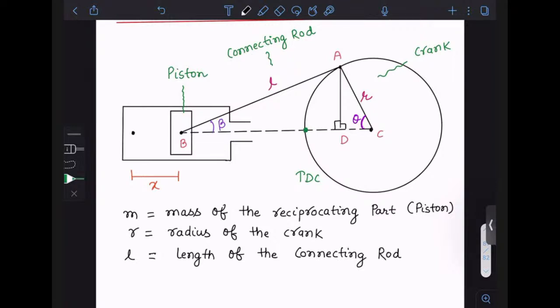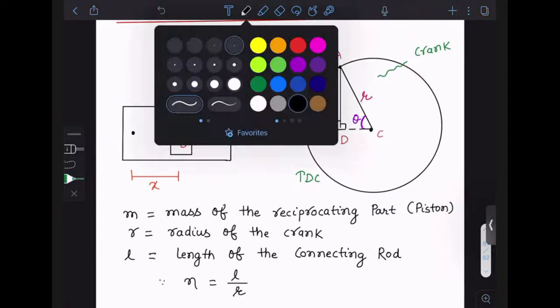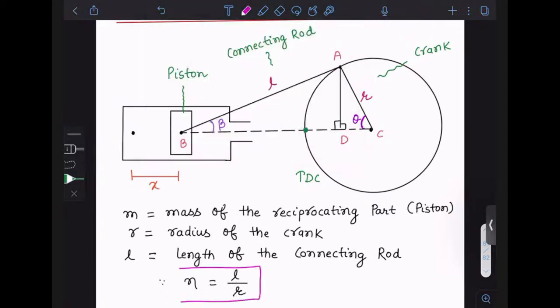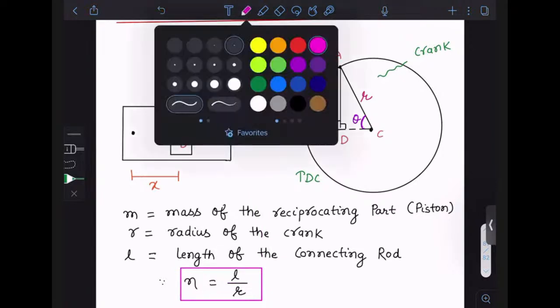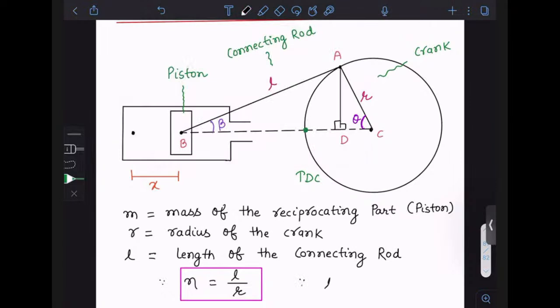Therefore, N is equal to, we define N as the ratio between L by R. Correct, everyone? And remember that L is greater than R. The length of the connecting rod is much greater than the radius of the crank.